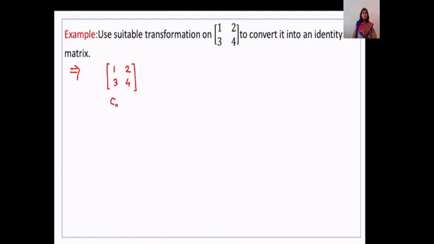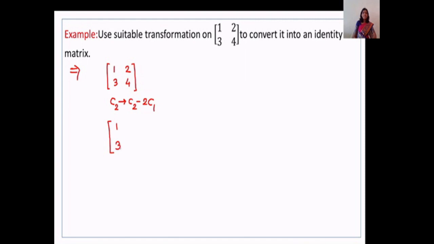C2 gives C2 minus 2 times C1. Here the transformation is C2, we go column by column. So C2 gives C2 minus 2C1. So what will we get? There is a change in C2, so C1 as it is, that is 1 and 3.